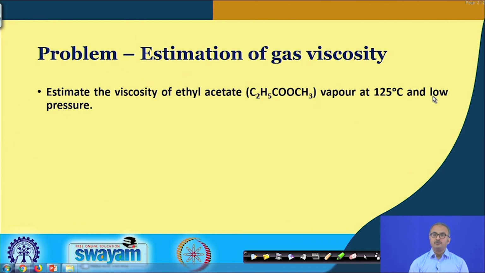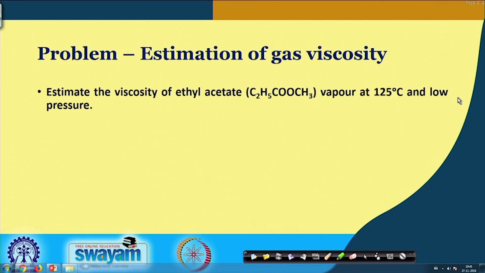And you see that the viscosity correlations are given for various pressure ranges, and what we understand by low is this: if the pressure is between 1 atmosphere and 5 atmosphere, we take it to be the low pressure region. If the pressure is between 5 atmosphere and about 10 atmosphere, we take it to be moderate pressure, and more than 10 atmosphere is taken to be high pressure.